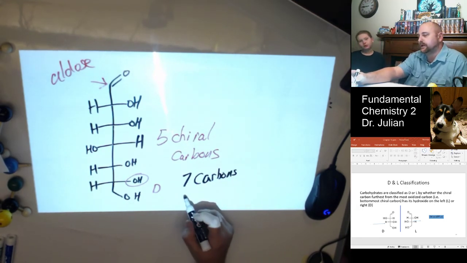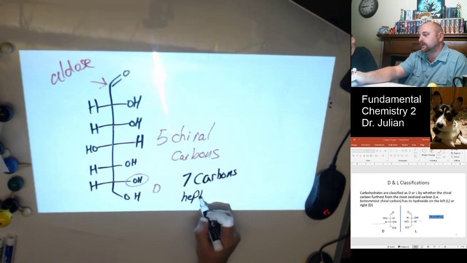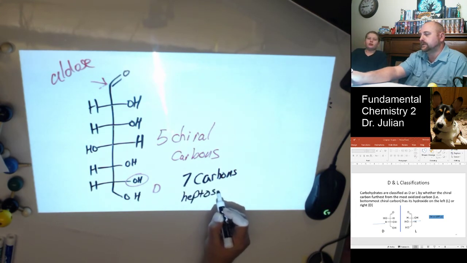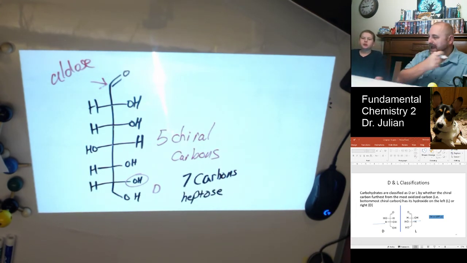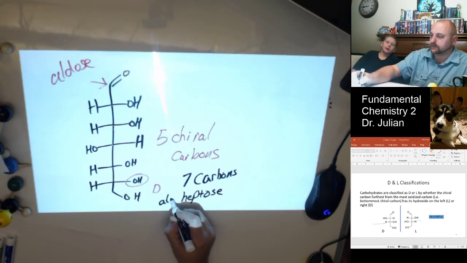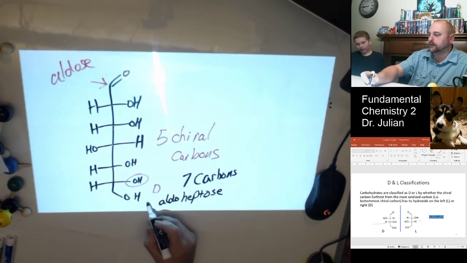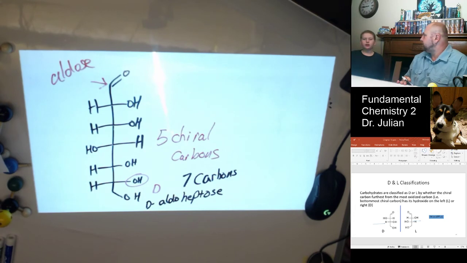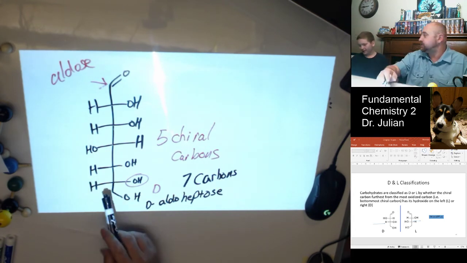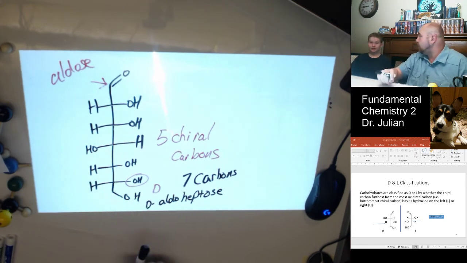And 7 is hept, so it's a heptose. So aldose heptose: aldoheptose with D, and we put D out in the front as a capital letter, and then put a dash. So it's a D-aldoheptose.